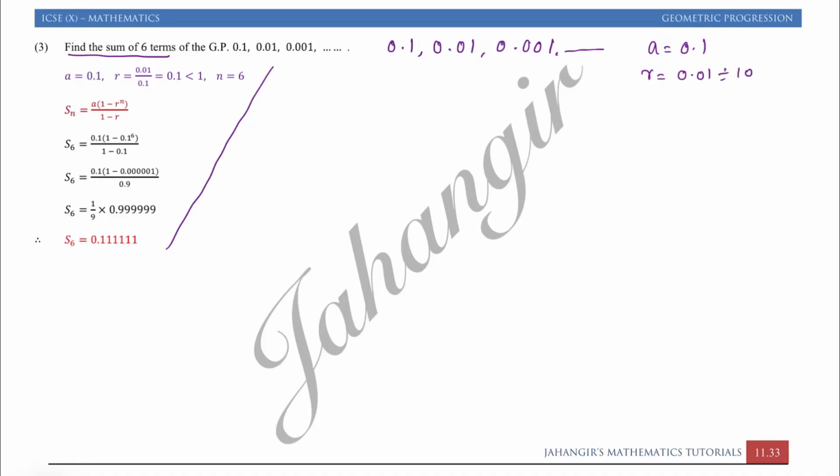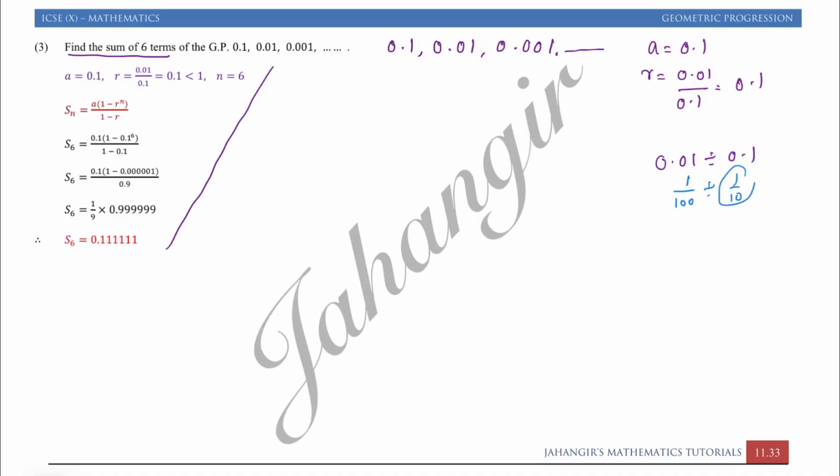Those who have a phobia of decimals, for that I will tell you, see, divide 0.01 by 0.1. The answer is directly 0.1, but if you can't solve it, what you have to do is like this. First we will convert both decimals into fractions. This is 1 upon 100 divided by 1 upon 10.